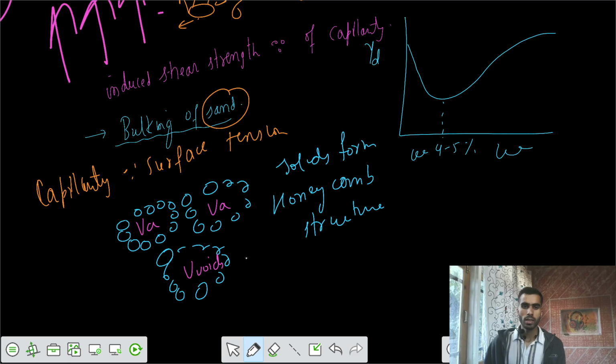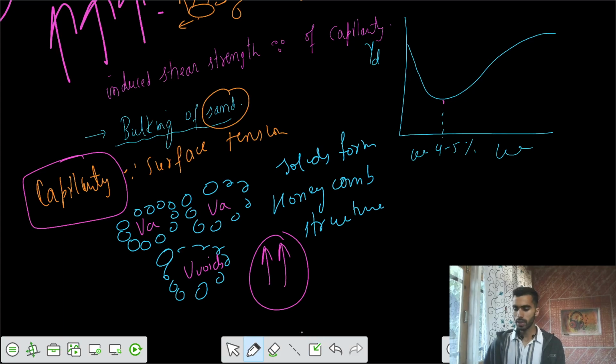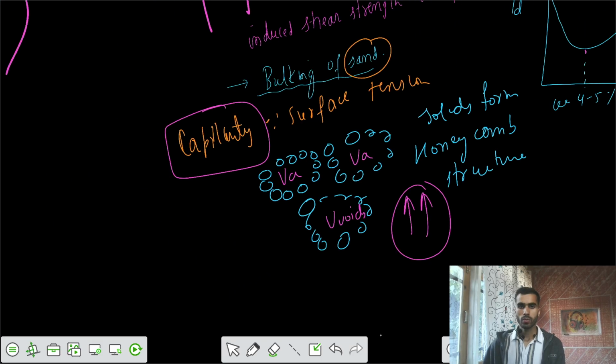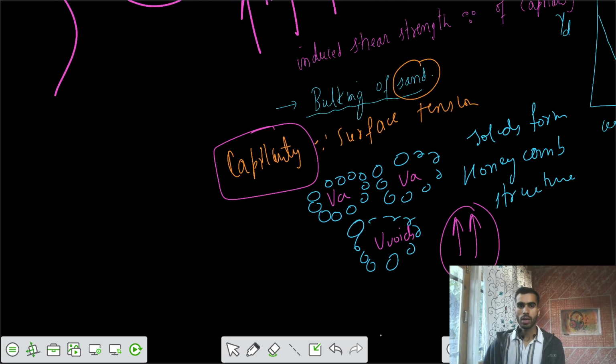This is the volume of voids. So the volume of voids got increased. Because of that, your unit weight got decreased. So that's actually because of capillarity. That's what the bulking of sand is related to, the capillarity.